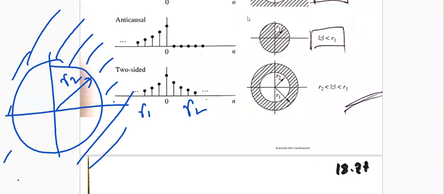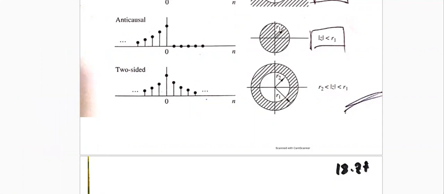And where is R1? Let's say this is R1. What is the solution? Inside of that. Do you have any common solution? No, you don't have any common solution. In that case, you don't have any Z transform of that sequence as well.